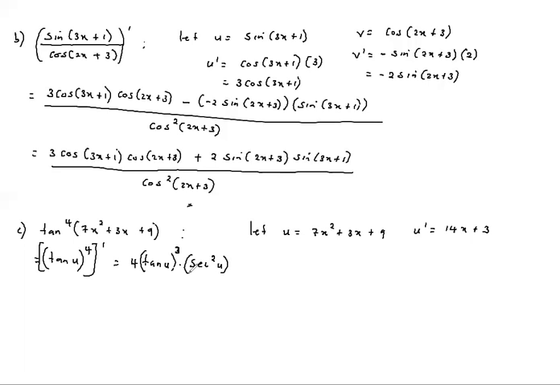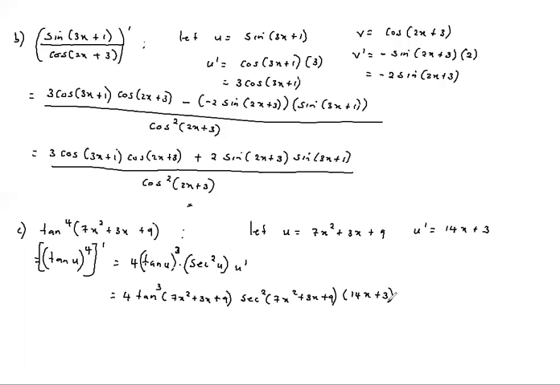Then we go inside again and differentiate u. So we need u prime here. So we substitute. We have 4 tan, I can now put the power here. What is u? U is 7x squared plus 3x plus 9 multiplied by sec squared u. U is 7x squared plus 3x plus 9 multiplied by u prime, which is 14x plus 3.